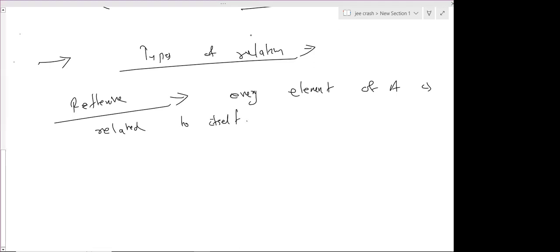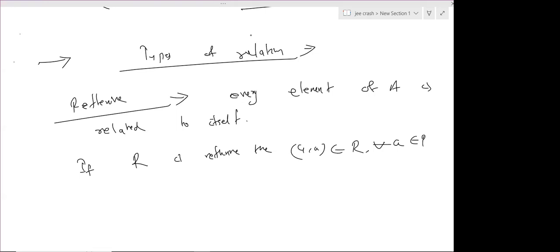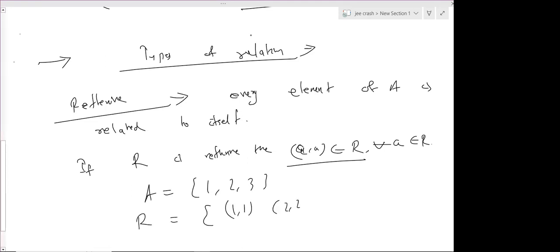That means if R is reflexive, then (a, a) belongs to R for all a belongs to A. For every element this must be true. (a, a) should be there. For example, if set A is {1, 2, 3} and R is {(1, 1), (2, 2), (3, 3), (1, 3)}, then this is a reflexive relation because for every element (1, 1), (2, 2), (3, 3) is there. So this is called a reflexive relation.